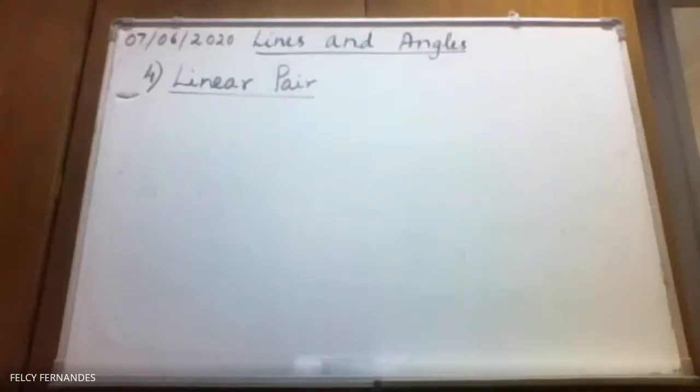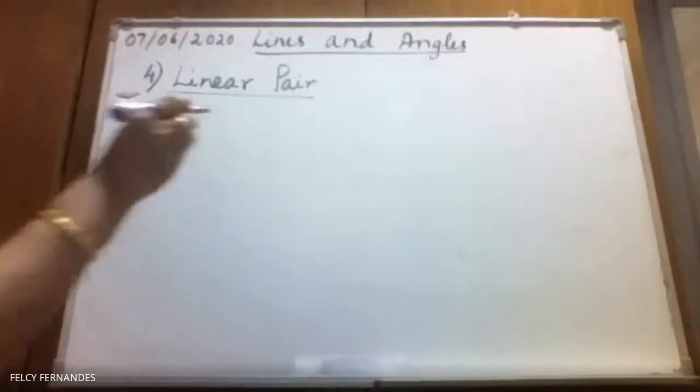Now what is a linear pair? A pair of adjacent angles whose non-common arms are opposite rays. Not the common one, the common one is in the center.